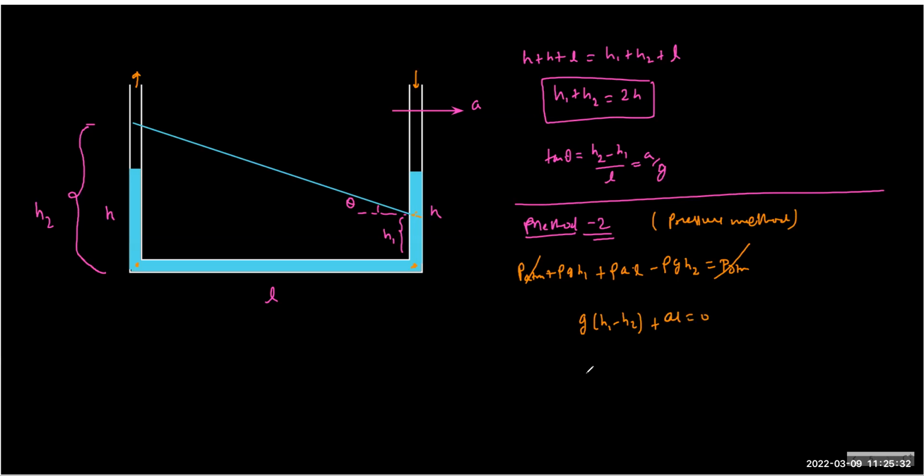This gives you directly the answer that A by g is the same as (H2 minus H1) by L. Understood? And the conservation of length of the tube is anyway the equation that will be there. So we always have two equations, and the pressure analysis is the easy way to solve questions in a tube. Okay, is it clear? Yes, sir.